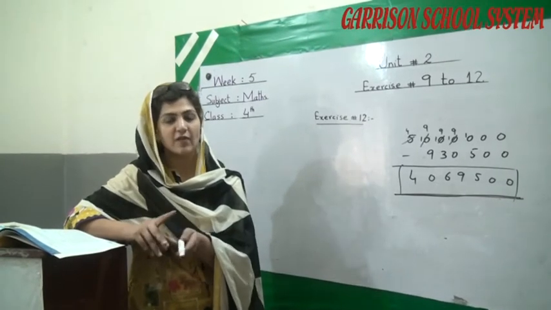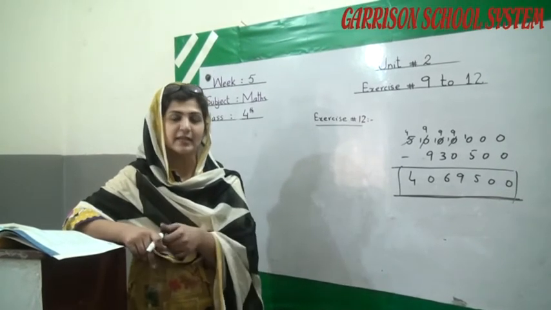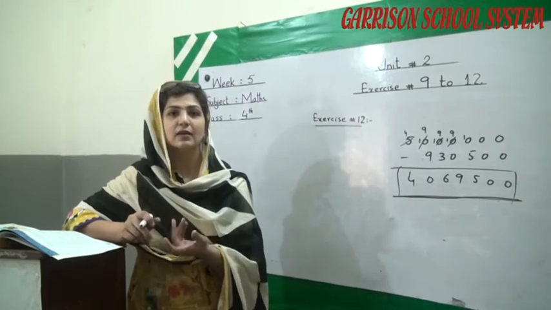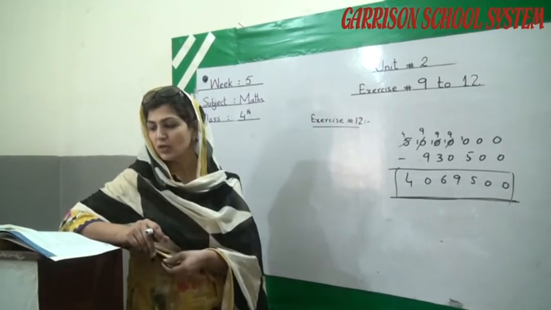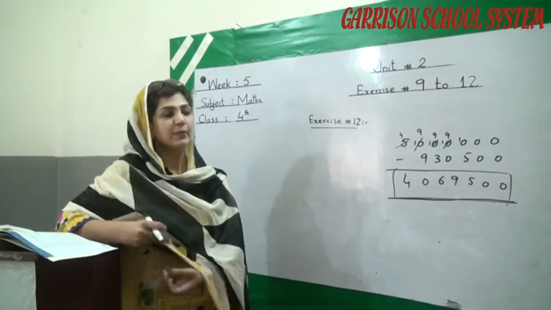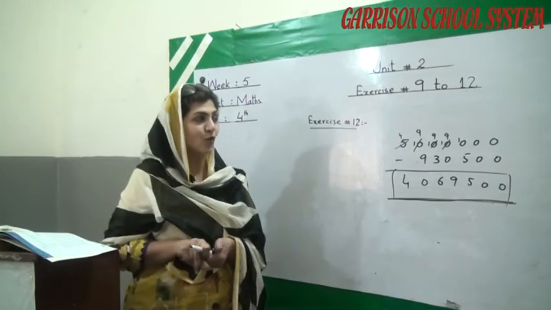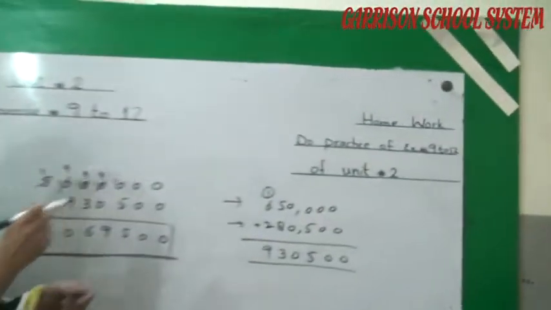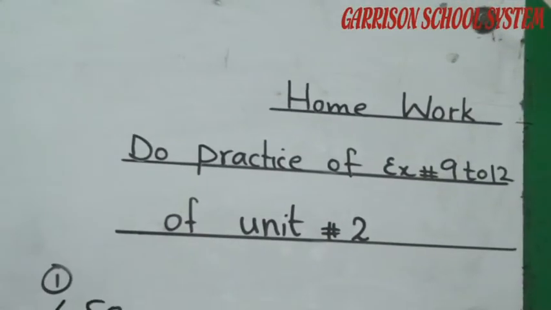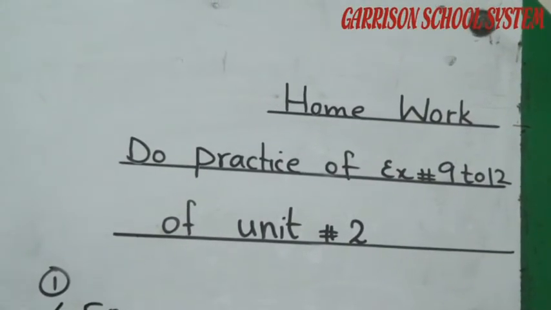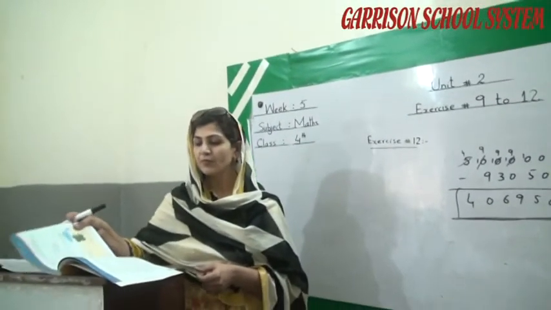If you have any concern, you can come to the school account office. We will provide you help. And your homework: practice exercise number 9 to 12 of unit number 2 at your home.